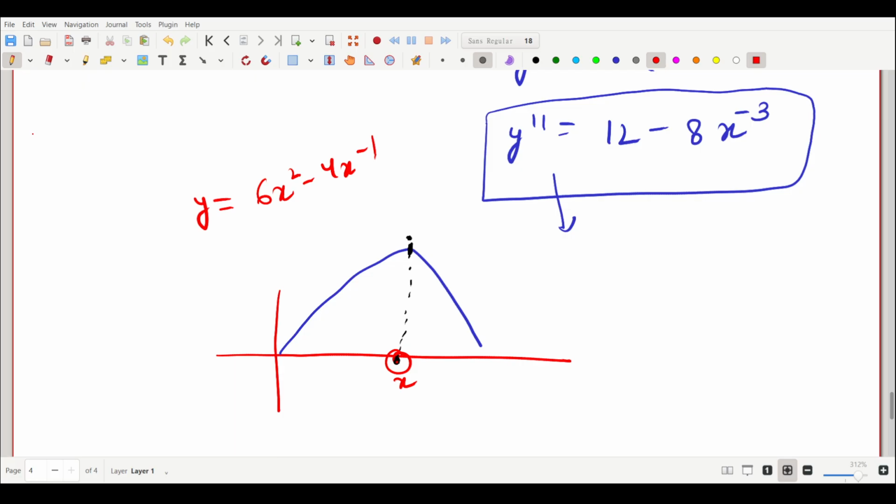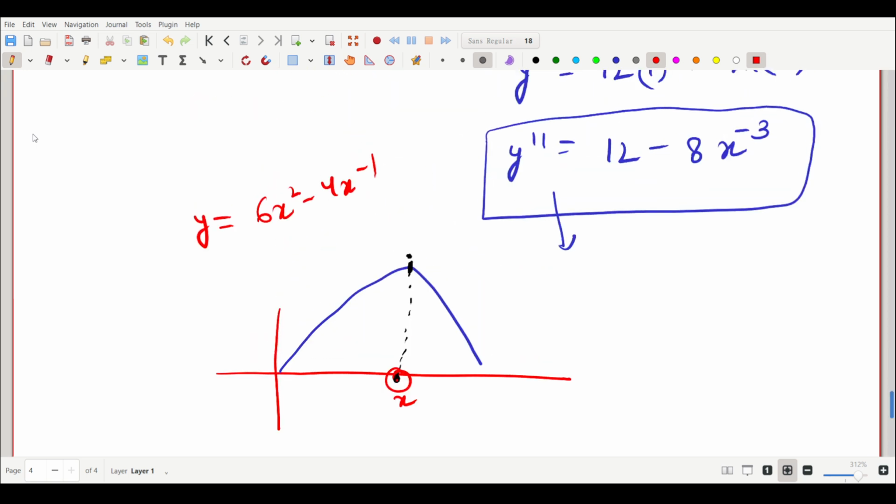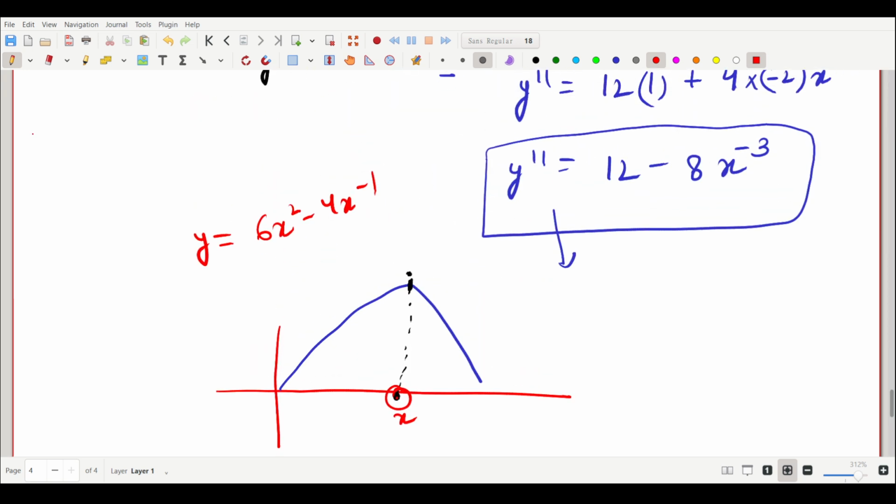So this y double dash is required to find the stationary point and the nature of the curve. I'll just give you an example for that. How do we use this? Because now we already know how to find y double dash. We just have to apply the same formula on the first derivative, then the second derivative will be found.